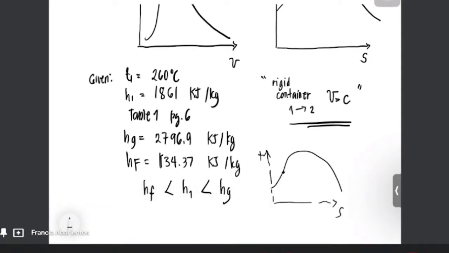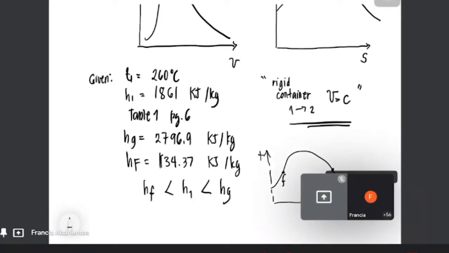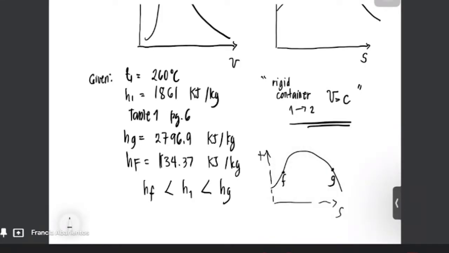Dito yung F mo and this is your G. Ibig sabihin, yung H1 natin, magpo-fall under this area. Okay. So, dito yung point 1 natin. Naintindihan? Dito yung point 1, kasi nasa gitna yung values niya. Diba? Approximately.